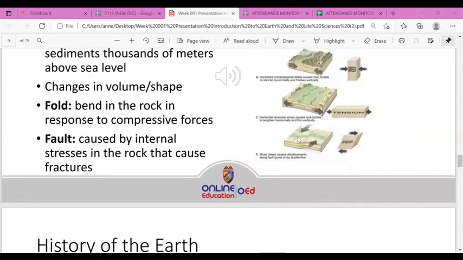Now, here naman is yung shear stress. The shear stress, as you can see, again, it's coming from two different directions. Okay, so may movement talaga dito that causes fault, caused by internal stress in the rock that causes fracture. So kung kayo po ay naaalala nyo yung balita, no?